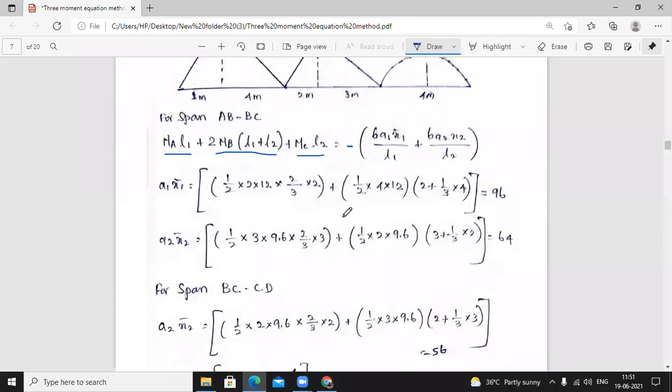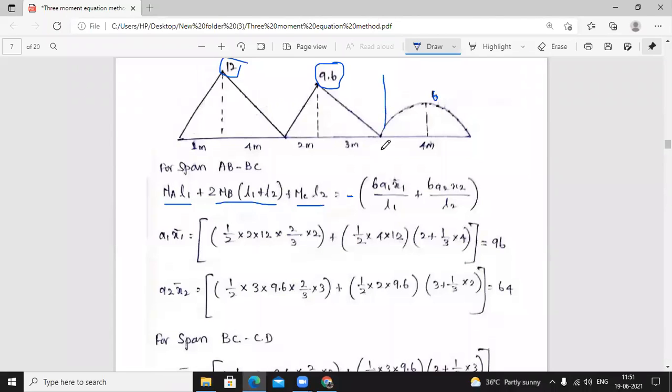Focus only up to this portion, because we are considering this A point, this B point and this C point. We are considering only the AB span and BC span. Now calculate the area of this triangle.